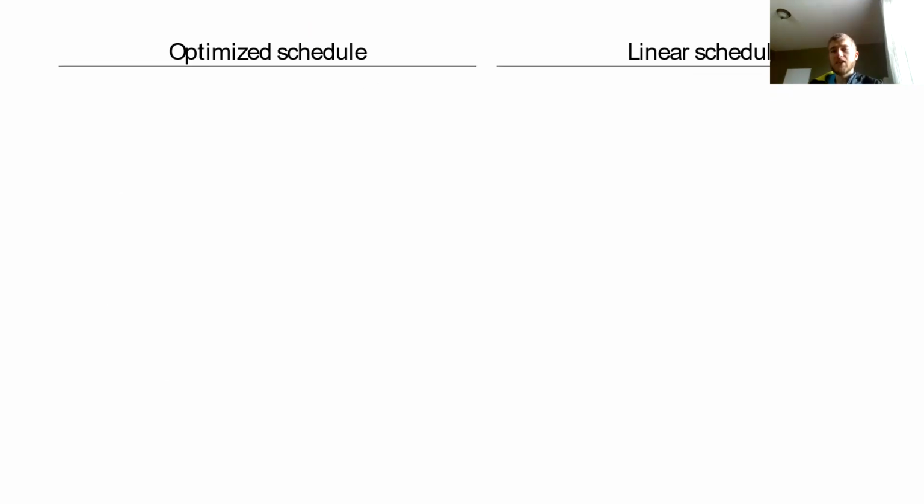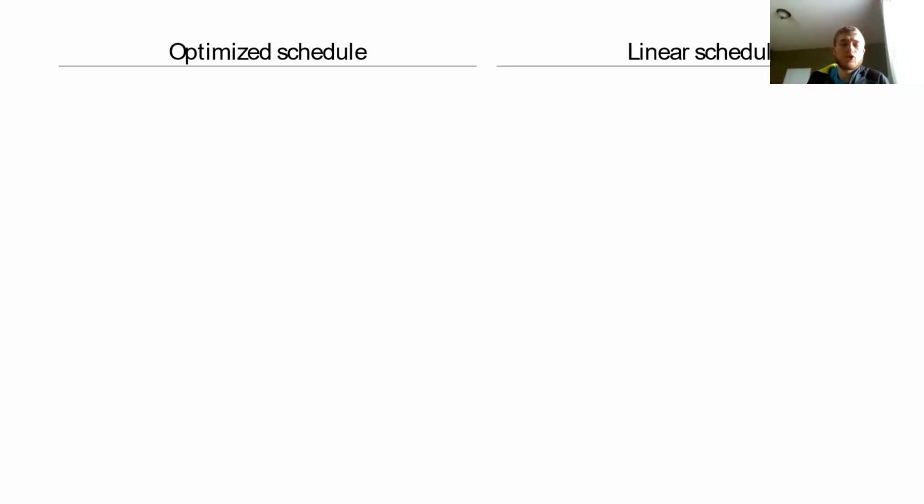And so this is the final set of data that I'd like to share with you. Essentially, what we did is we asked, what happens if we track the quantum state during the optimized schedule, like its trajectory, versus the linear schedule for a fixed annealing time, the one that we found from the optimized schedule.